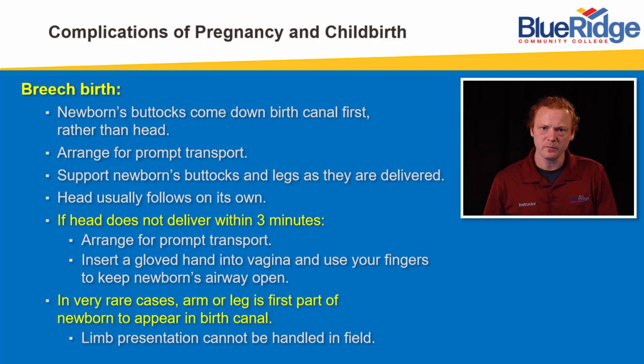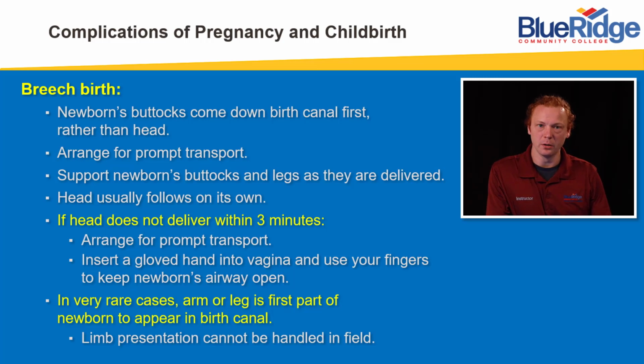The primary attendant or the person assisting with the delivery will need to insert a gloved hand into the vagina and use their fingers to keep the newborn's airway open by forming a pocket over the newborn's nose and mouth. In very rare cases, you will see a limb presentation.